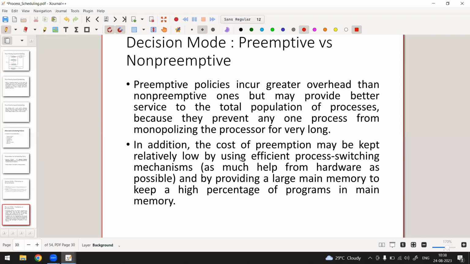In addition, the cost of preemption may be kept relatively low by using efficient process switching mechanism and by providing a large main memory to keep a high percentage of programs in the main memory. So we can look at these architectures and try to reduce the cost of preemption, but in general it provides some advantages to the processes, right?